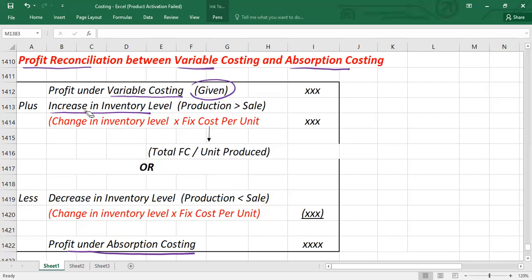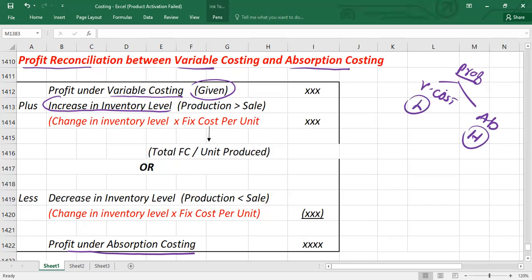If you have a case of increase in inventory level, just first remember this. I told you, if for example this is your profit, and here we have absorption costing and here variable costing, whenever there is an increase in inventory level, absorption costing results in higher profit and variable costing results in lower profit.